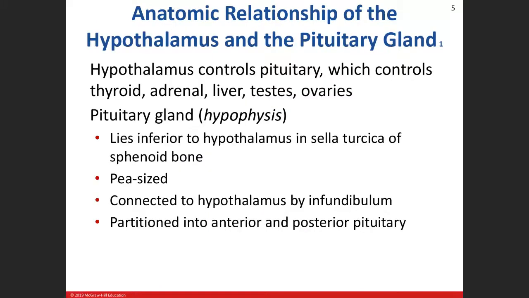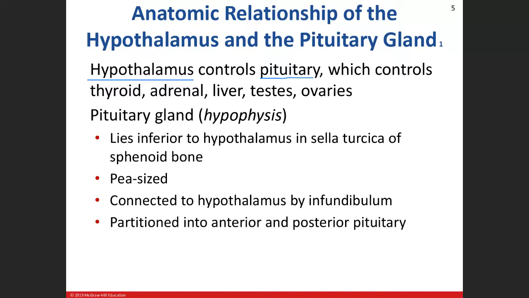So let's jump into two of the big endocrine structures, the hypothalamus and the pituitary gland. If we had to create a hierarchy of our endocrine system, at the tippy top would be our hypothalamus. That's the king or the queen. Immediately below that is the pituitary gland.